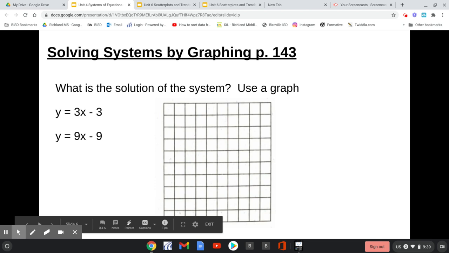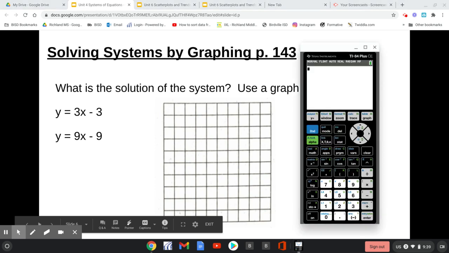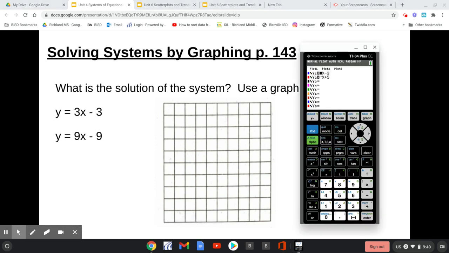Here's another one. I'm going to hit the calculator. I'm going to hit y equals, and I'm going to hit 3x minus 3. I'm going to hit enter, and I'm going to hit 9x minus 9.